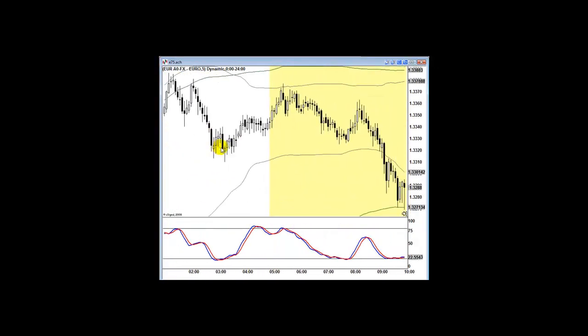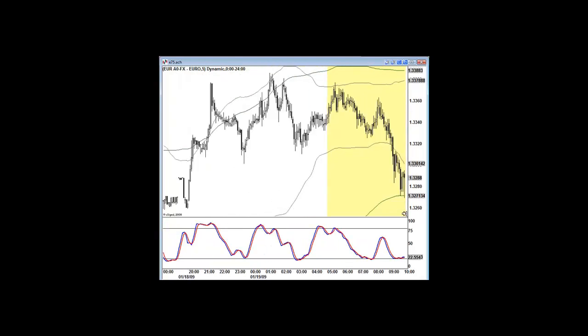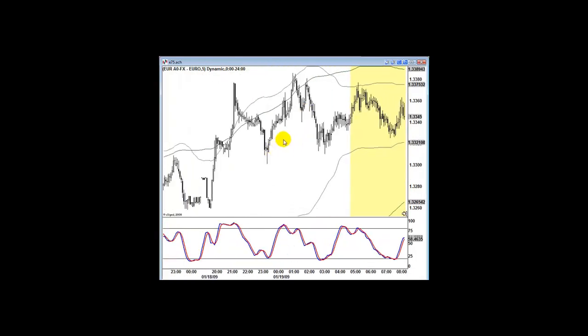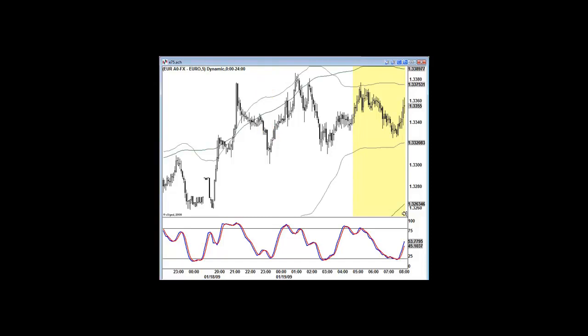Here's Monday, the 19th of January 2009, and I'm looking for setups on the euro, US dollar, and this is the start of the trading day at 5 a.m. This is the time when I start to look at things, and what I can do is compress the chart a little bit and start to look for setups.